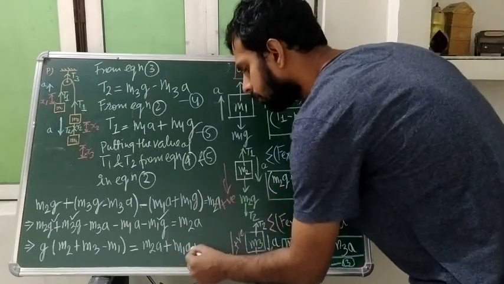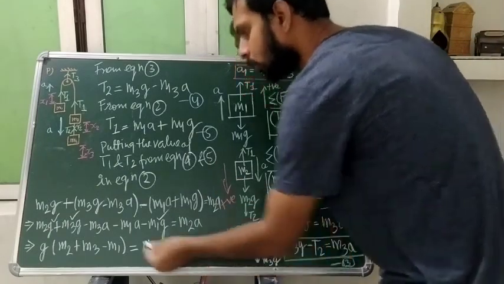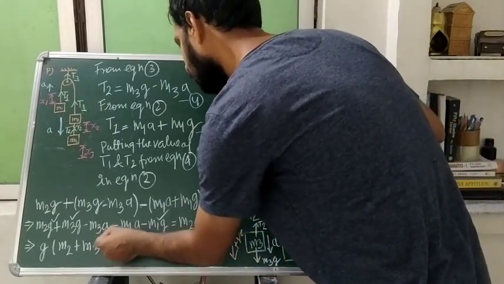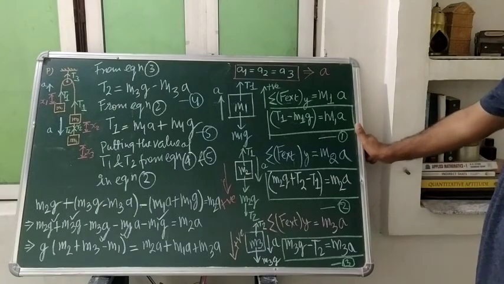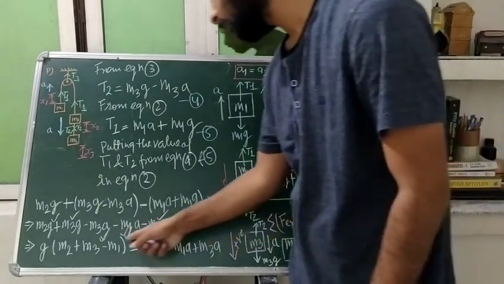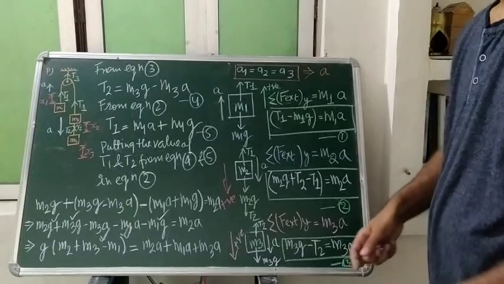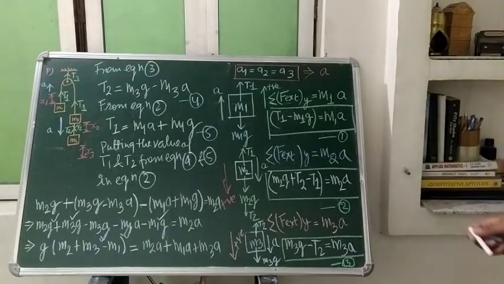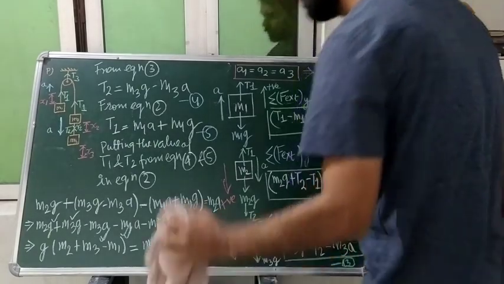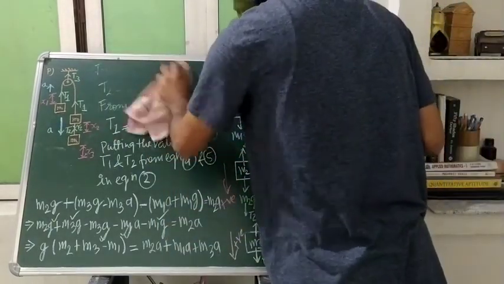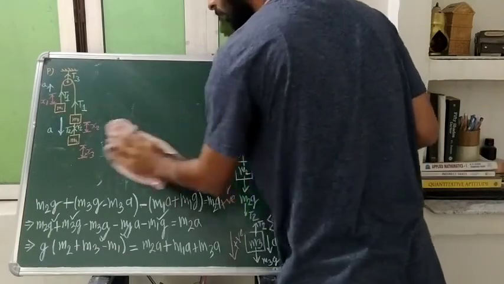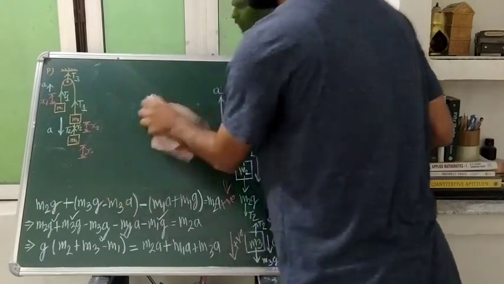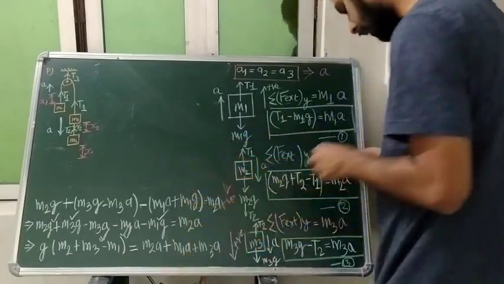And plus M3A. These two expressions we have brought out to the right side. Getting it? Is anything left? No one is left. Okay? Now I am going to rub the upper side. So what are we going to get here?